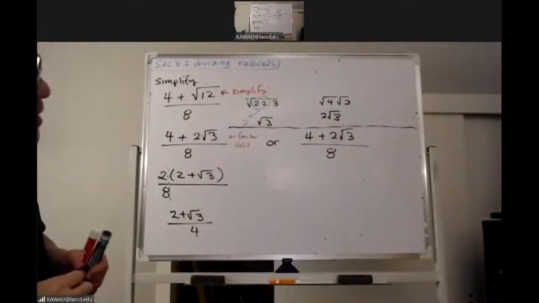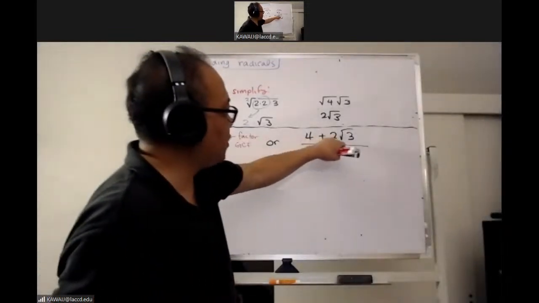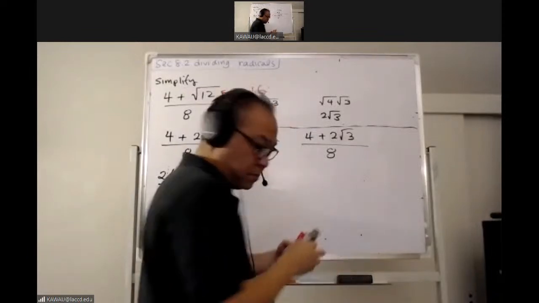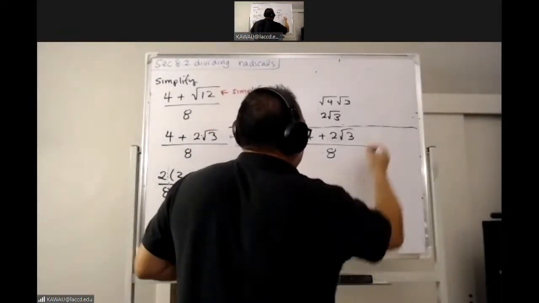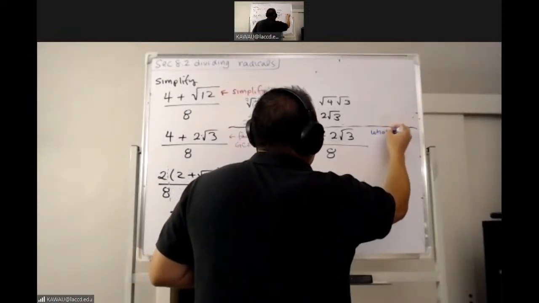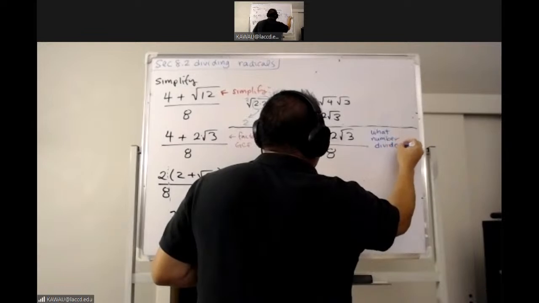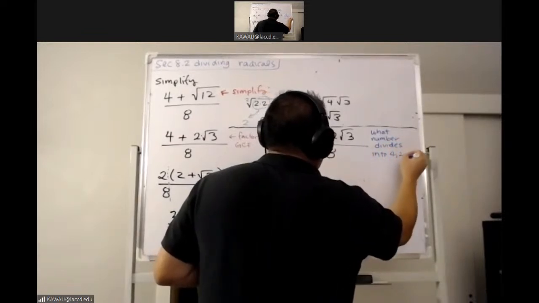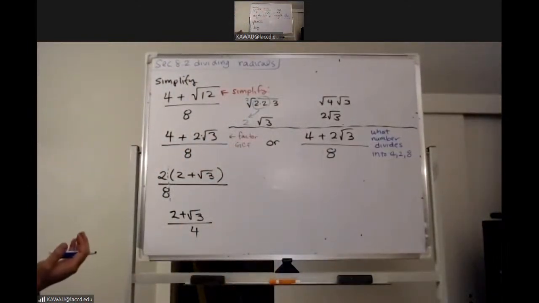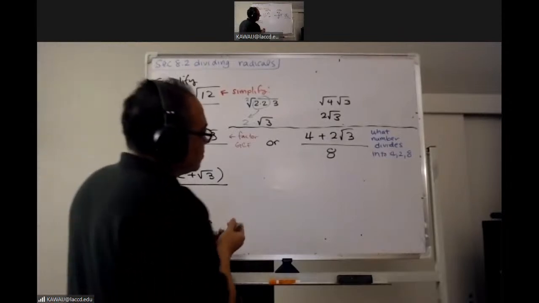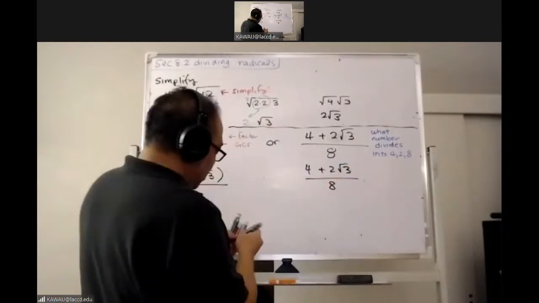The other way to ask yourself is, what number divides into all the coefficients? What number divides into 4, 2, and 8? Okay. So what number divides into all the coefficients? And that is 2. So then what you do is you divide everything by 2.